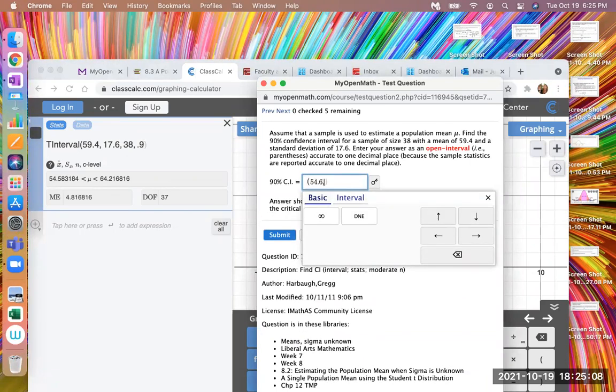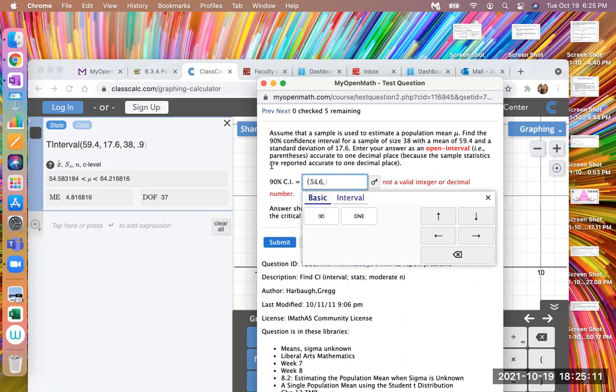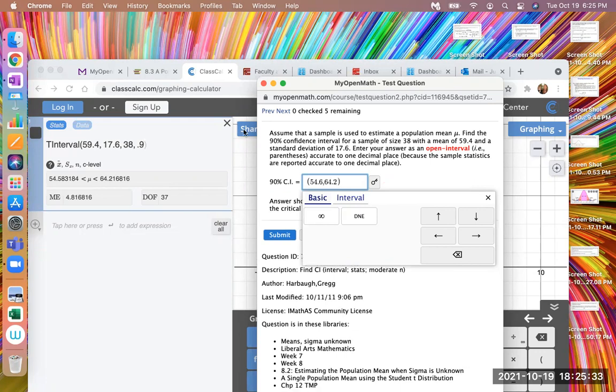That's my lower bound. And my upper bound, because I looked to two decimal places and there's a 1 in the second decimal place, that's not 5 or greater, so I do not add 1. So it's just 64.2. So 54.6, 64.2 in my parentheses, and that's my answer.